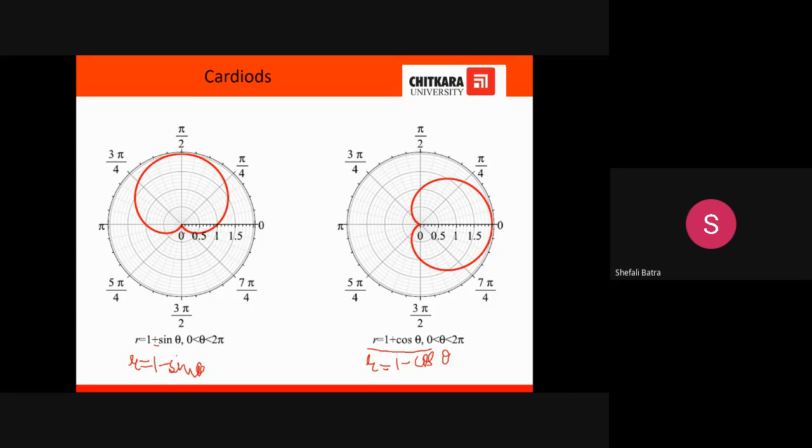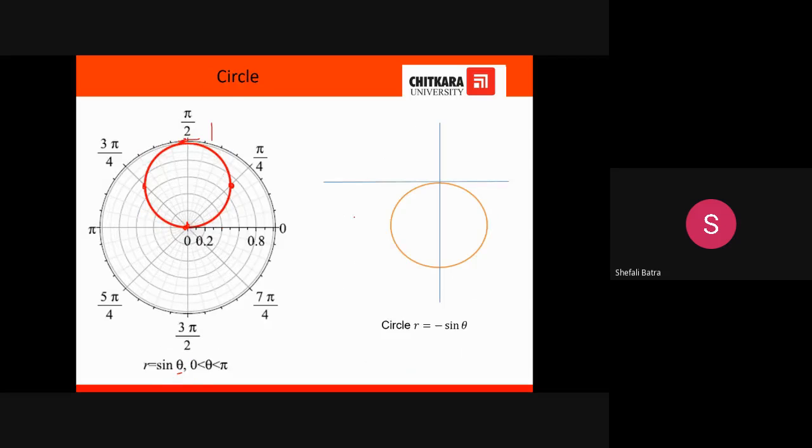In case of the cos cardioid, r is equal to 1 plus cos theta, with the plus sign the maximum part would be on the positive x-axis. If I'm saying 1 minus cos theta, it would be on the other side, and the maximum part of the cardioid is on the negative x-axis.